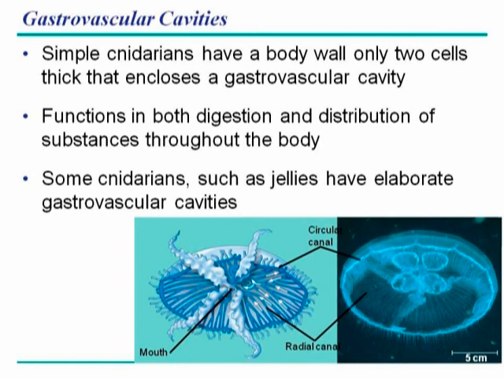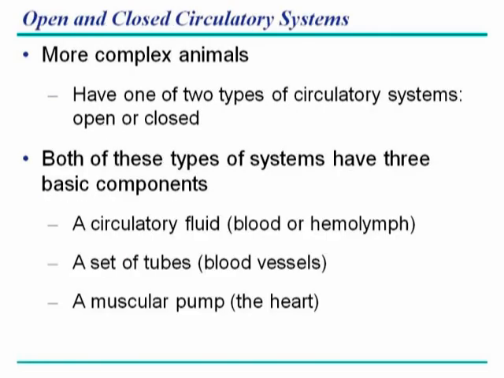Some cnidarians such as jellyfish have an elaborate gastrovascular cavity. In the picture you will see the mouth, and the hole through the body from the mouth we call the gastrovascular cavity. Okay, next slide.